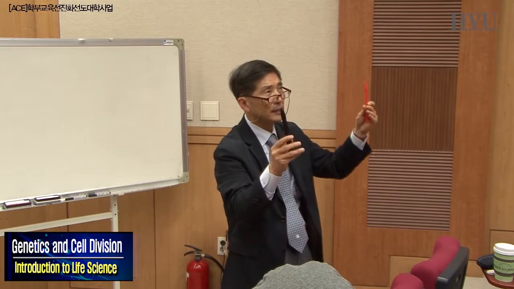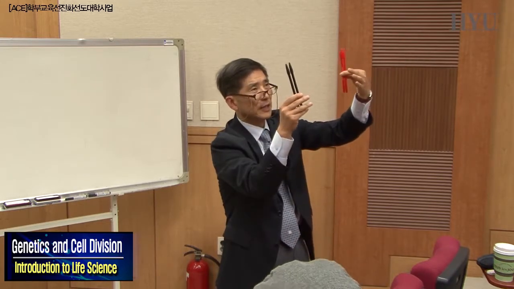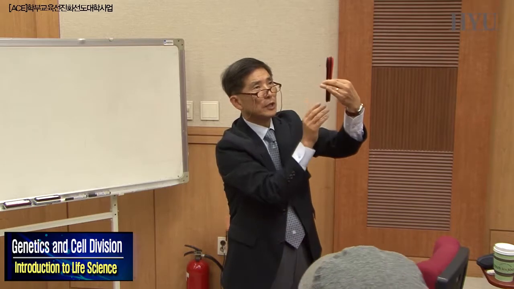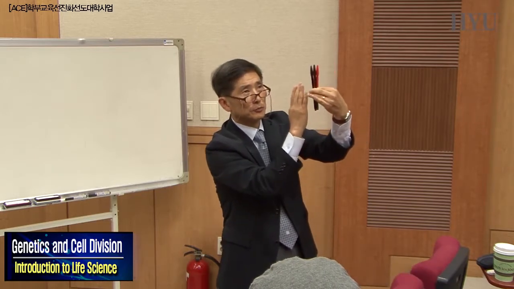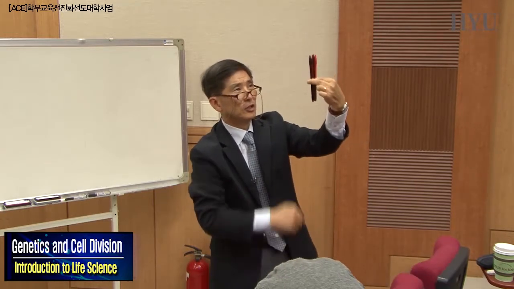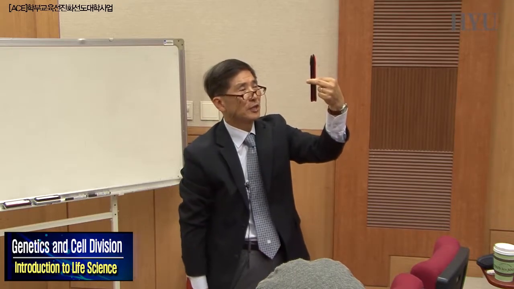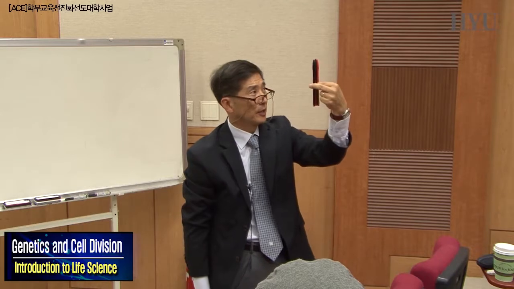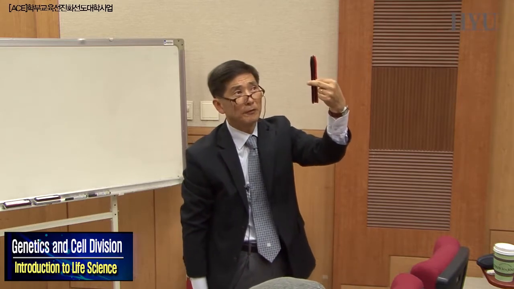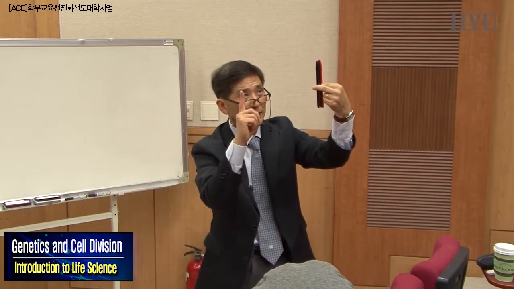How do they align? They align between homologous chromosomes. They align like this. 4 chromosomes align like this. It's called a tetrad, okay? This is prophase 1.